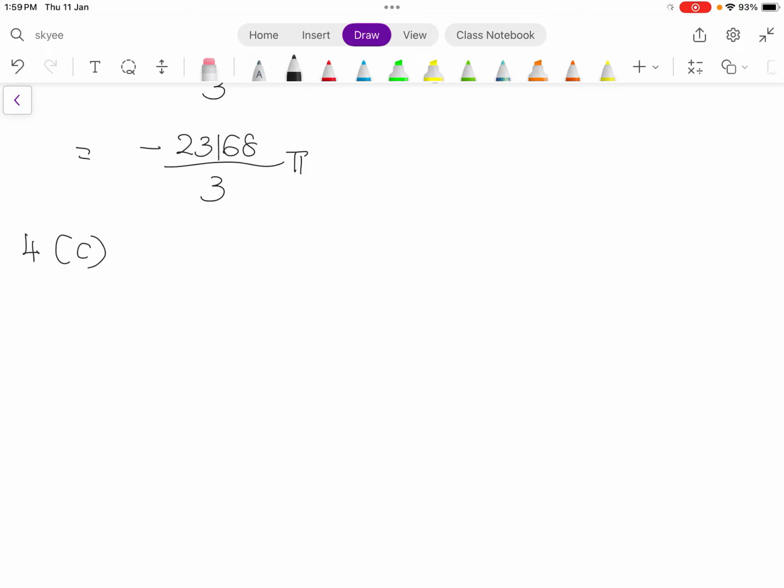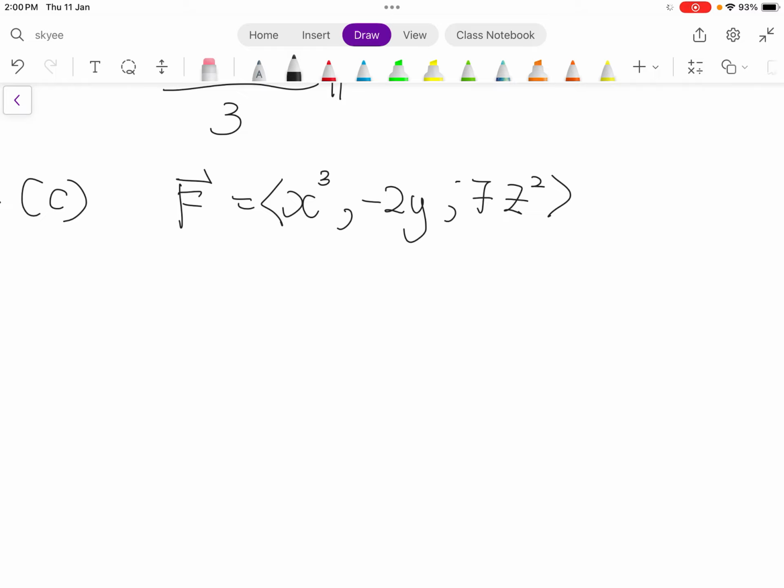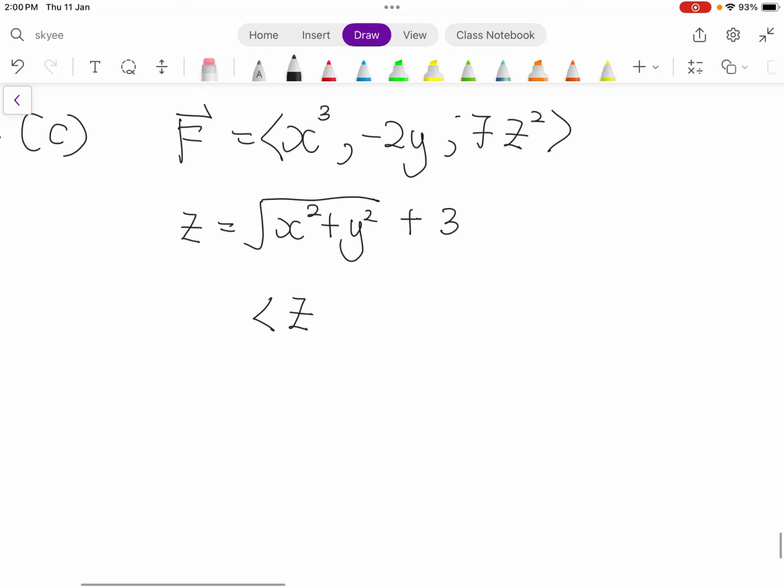4C. So we have the F. You have a cone, and it is in between the 4 and 8 planes.